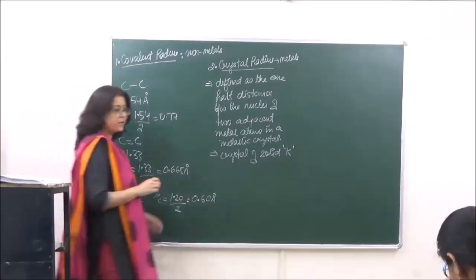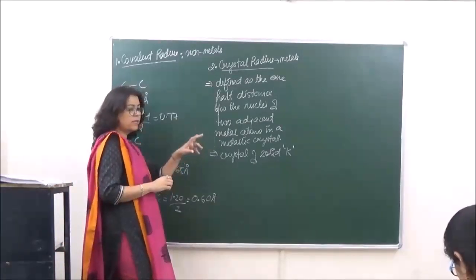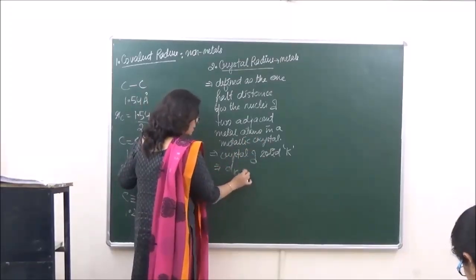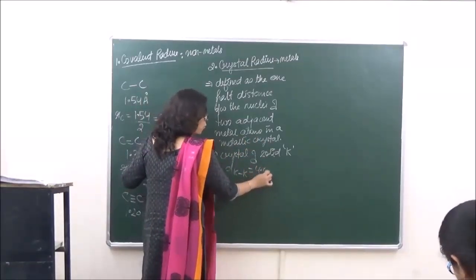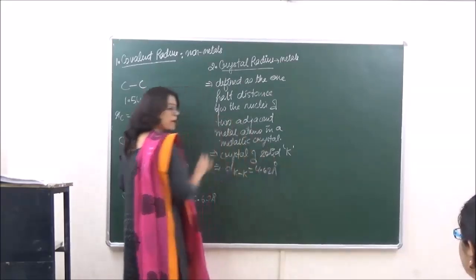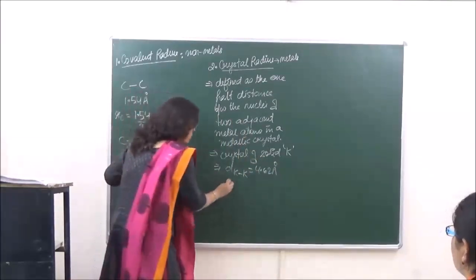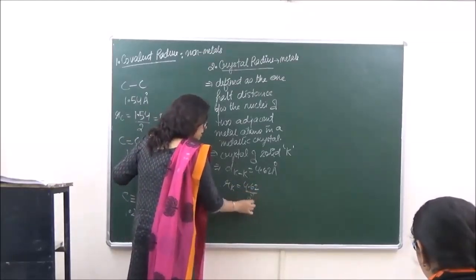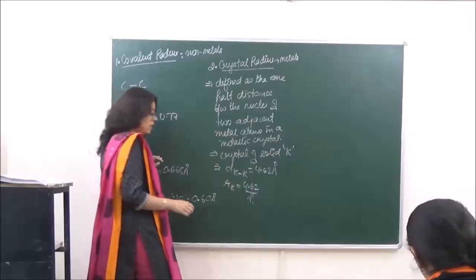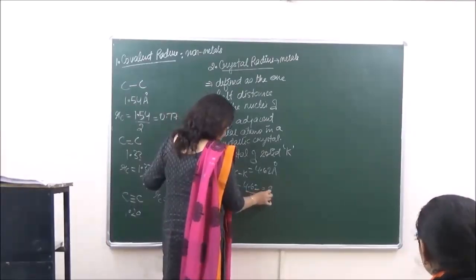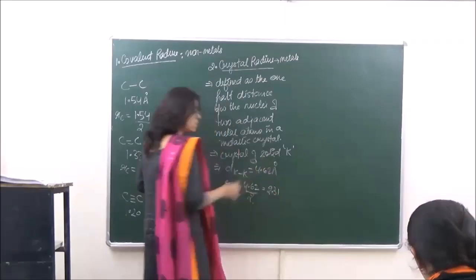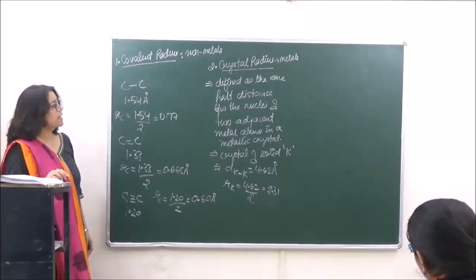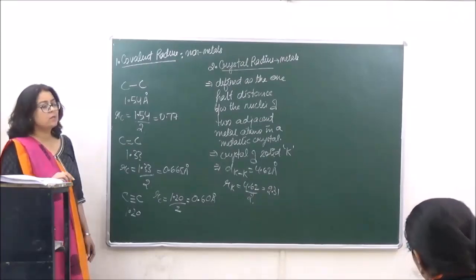Now metallic radius: let's say that the distance between these two potassium atoms is equal to 4.62 angstroms. Then what is going to be the radius of K? That is going to be 4.62 divided by 2, so that comes to 2.31 angstrom. So this is the second type of radius which we have.